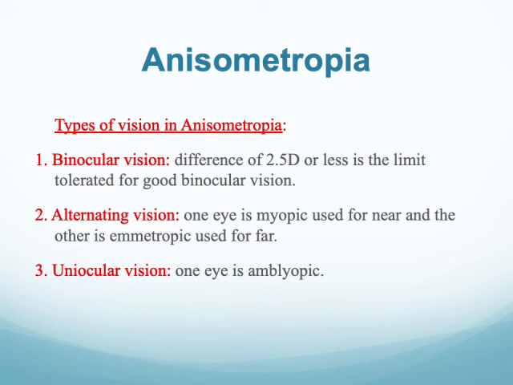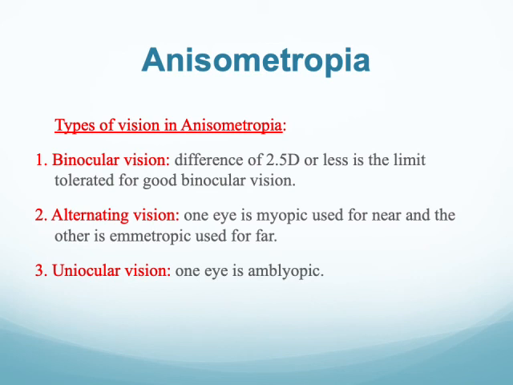Actually, all of us have a dominant eye that's used mainly for distance vision, and a non-dominant eye that's used mainly for near vision, but we have binocular vision. But alternating vision happens only when the patient has anisometropia, and we have a mix of binocular and alternating vision.